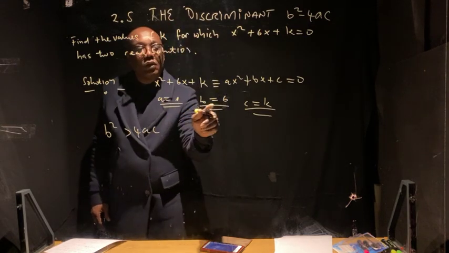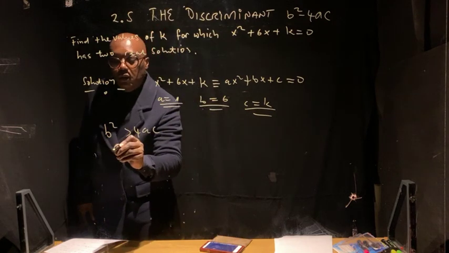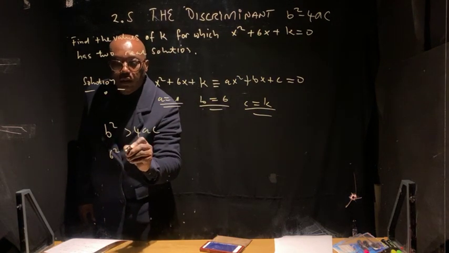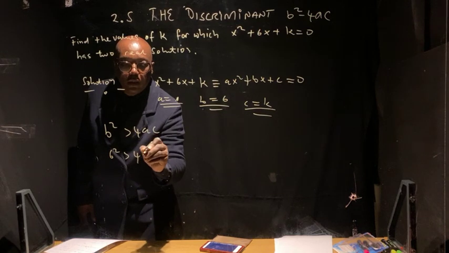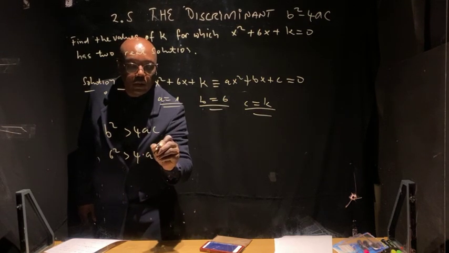So in this case, we have b equal to 6 squared greater than 4, a equal 1, c equal k.